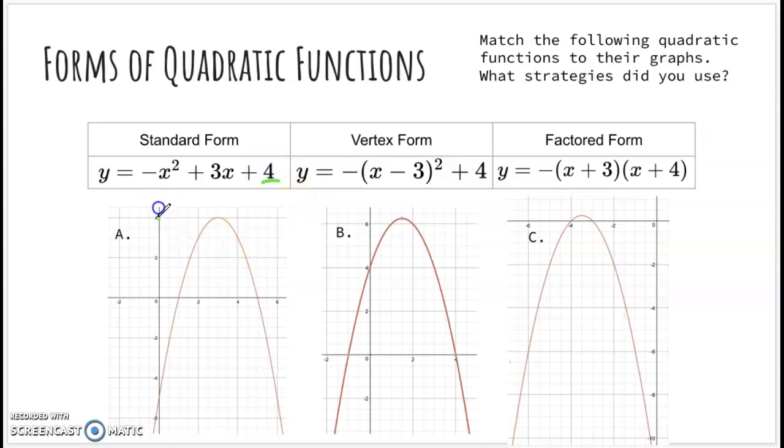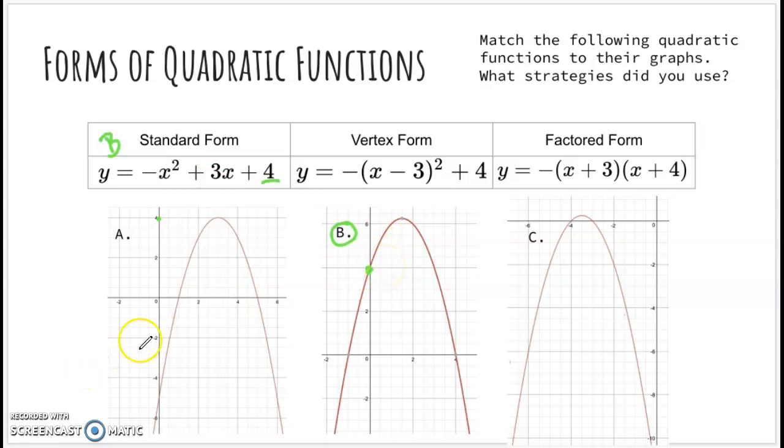So I want to look and see which graph is crossing the axis. I don't even see positive 4 on graph C, so it obviously has to be answer choice B. My graph is crossing my y-axis right there at 4 for graph B.